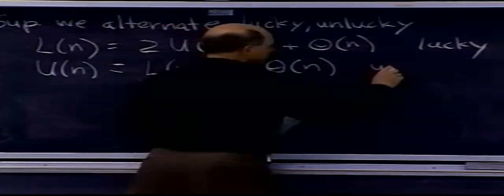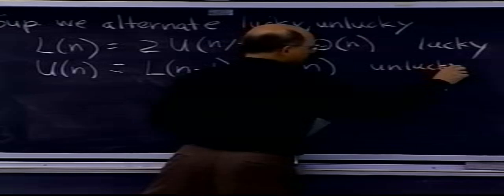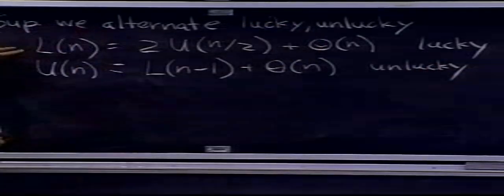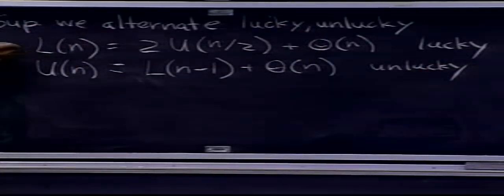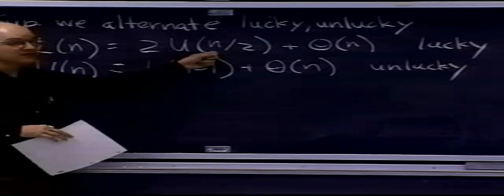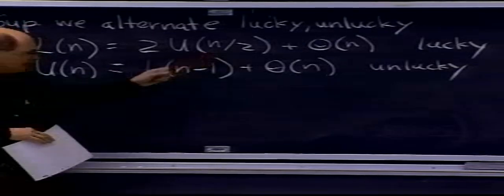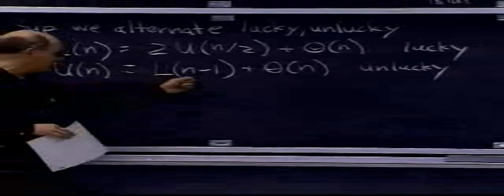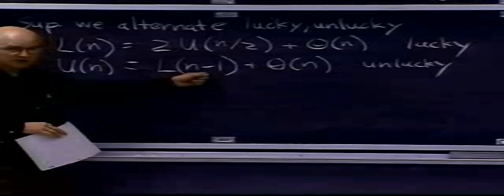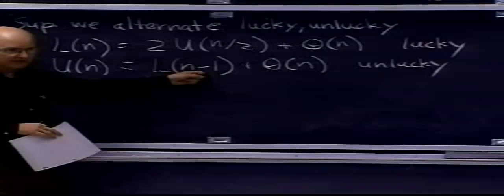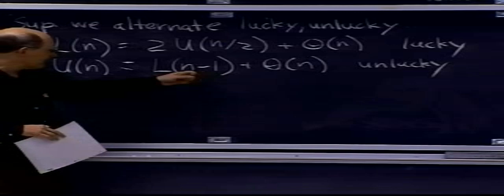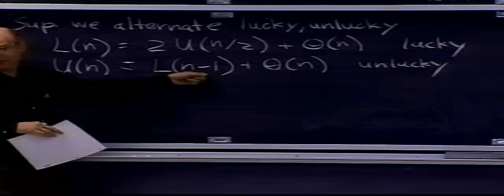So this is the unlucky level. So here we have coupled recurrences. If we do lucky, we get to split it into two problems, but each of those problems is going to be an unlucky problem. If we do an unlucky split, well, we get this 0 to n minus 1 split. But then at least we're solving the next problem with a lucky one.